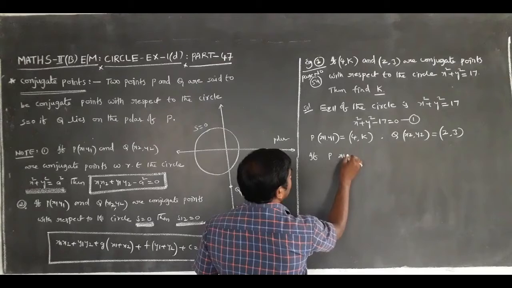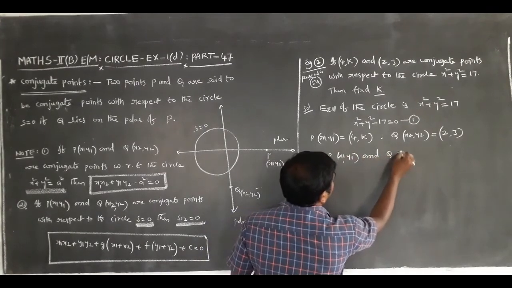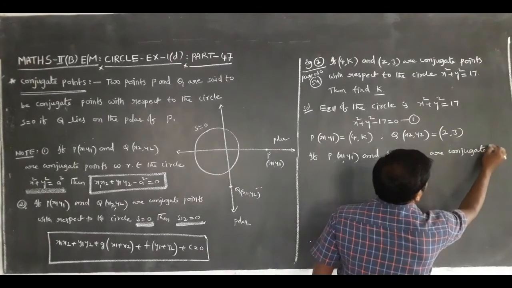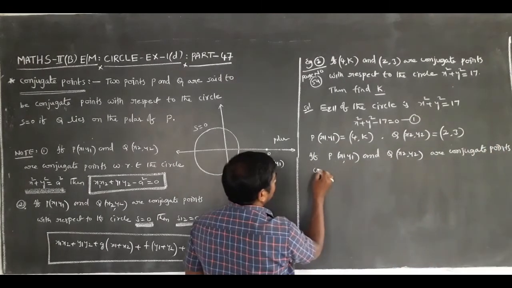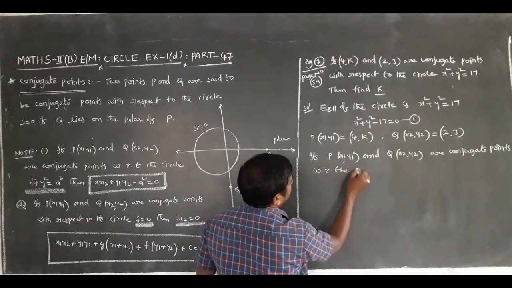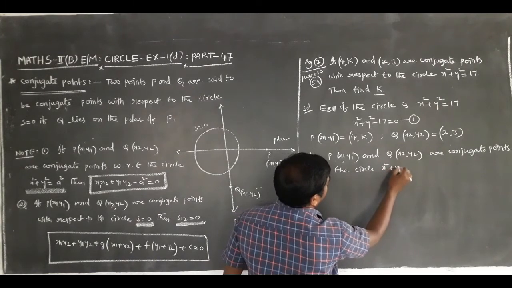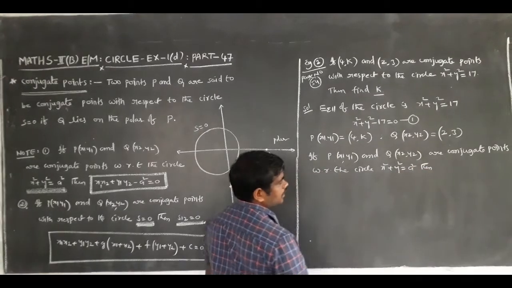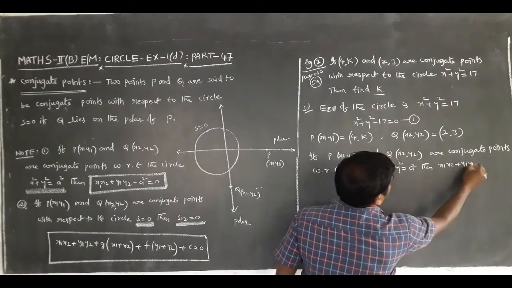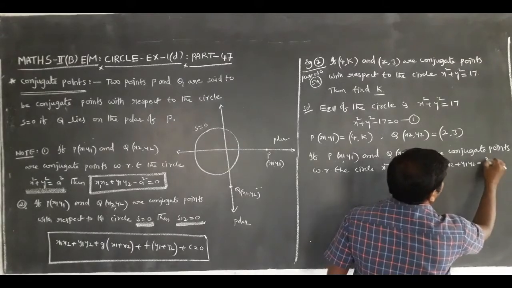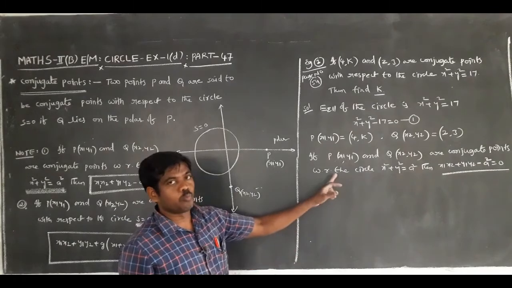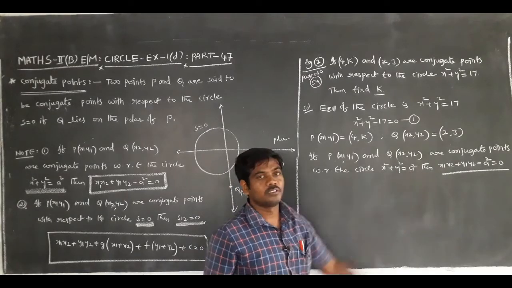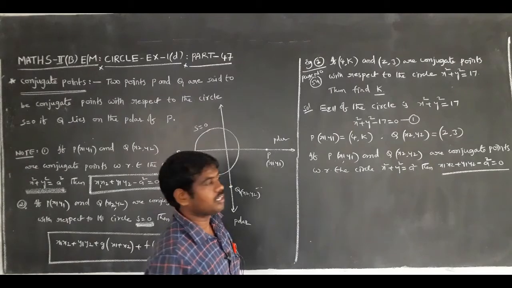If P(x1, y1) and Q(x2, y2) are conjugate points with respect to the circle x² + y² = a², then x1x2 + y1y2 - a² = 0.